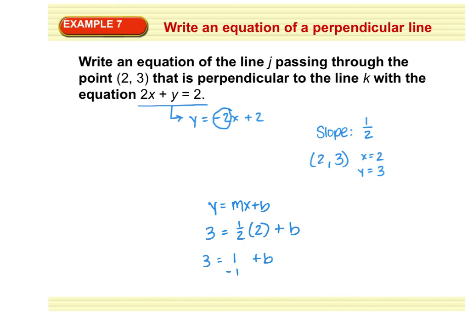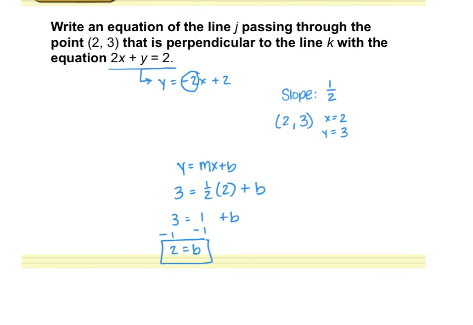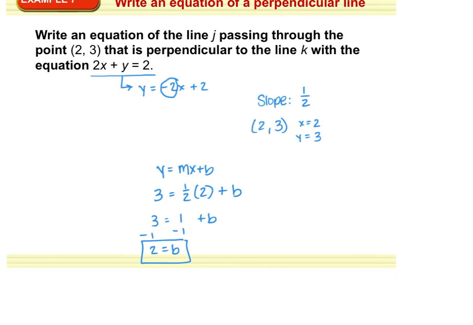We subtract 1 from both sides, and we get 2 equals b. Now that we have b, we can write our equation. So y is equal to, remember, the slope is 1/2, x plus 2.